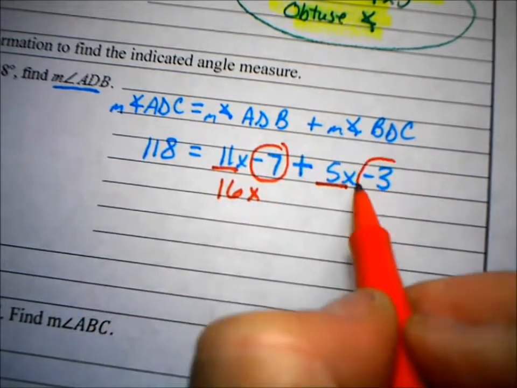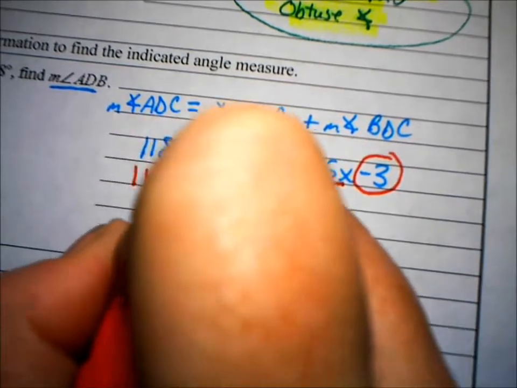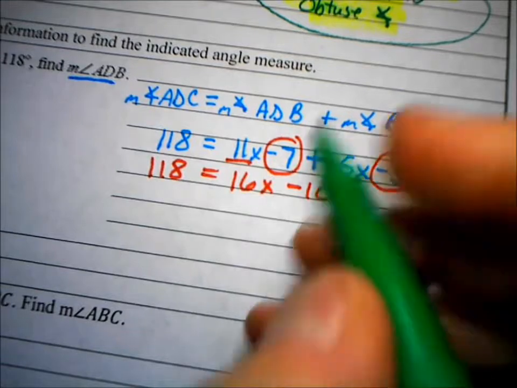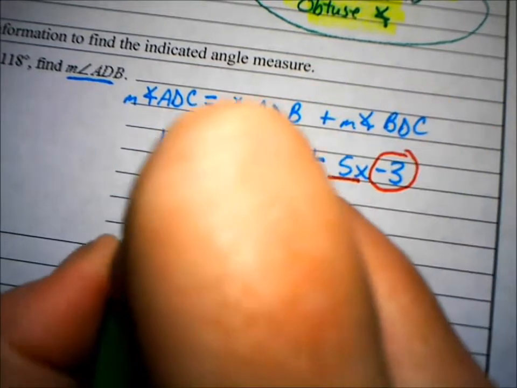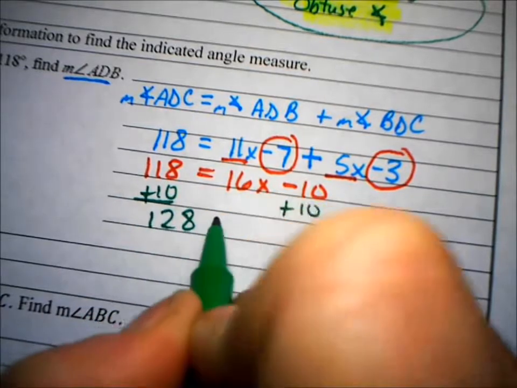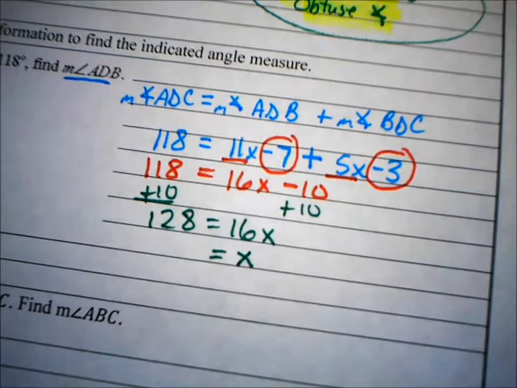Negative 7 and a negative 3 is now a negative 10. This is a two-step equation. I'm going to add 10. That gives me 128 is equal to 16x. And the last step is to divide. 128 divided by 16 tells me this is 8.